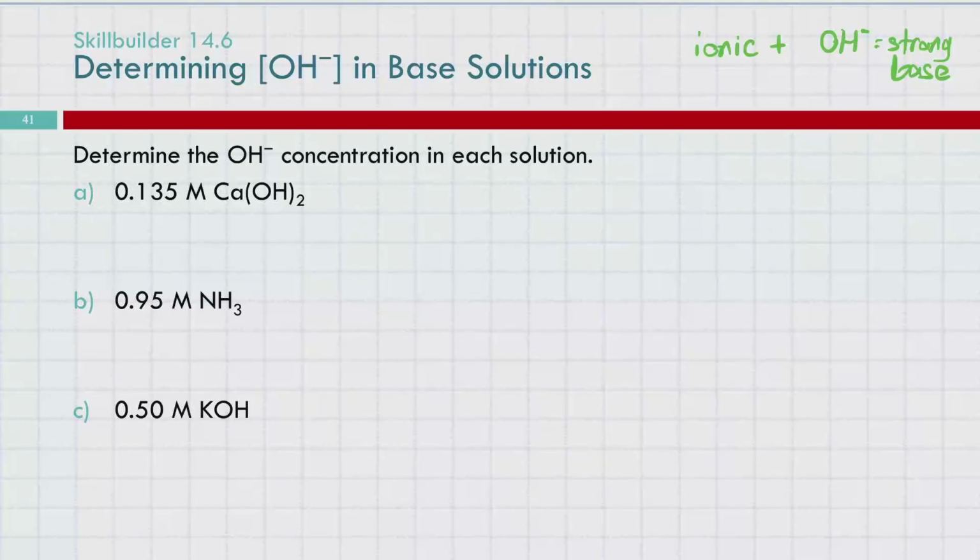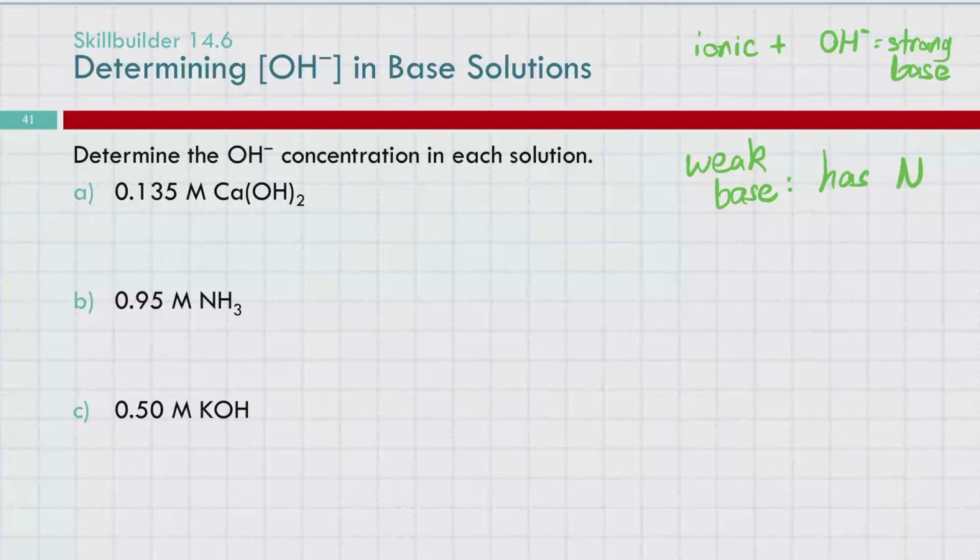The other circumstance that we can have, the weak base. Weak bases tend to be amines, at least in this class. So that means that it has nitrogen in it, essentially. So when we're calculating hydroxide concentration, strong bases are going to produce full equivalents of hydroxide.